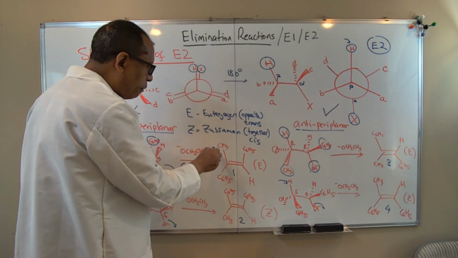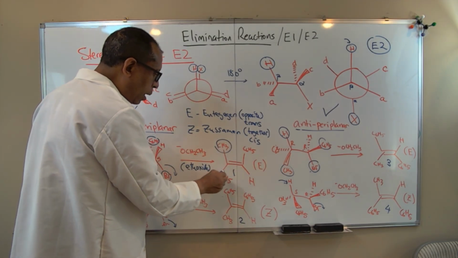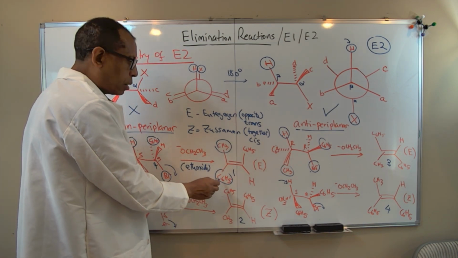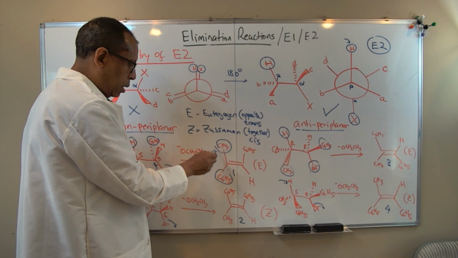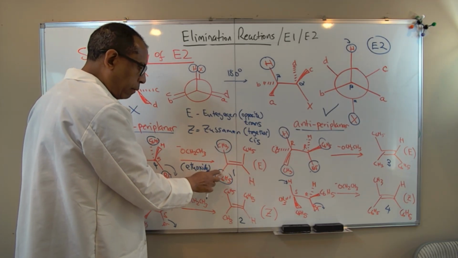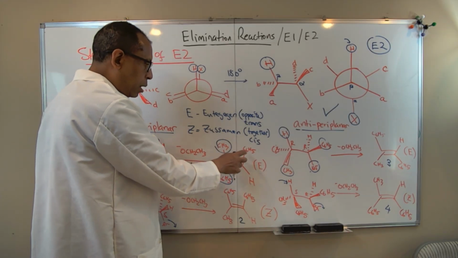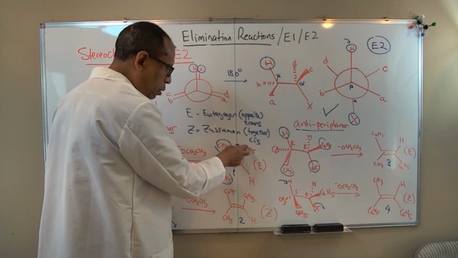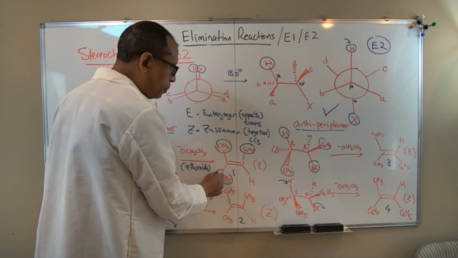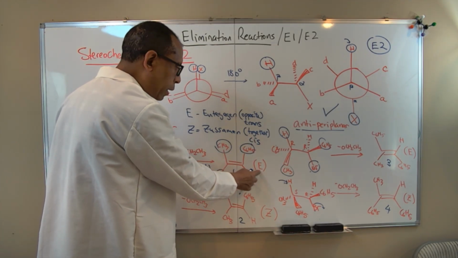So if you just look at CH3 and C6H5, the priority goes for the 6 carbon than the 1 carbon. So the priority is down here. But here, if you just compare between these two, the priority goes for this. So they are opposite. That's why they are E.